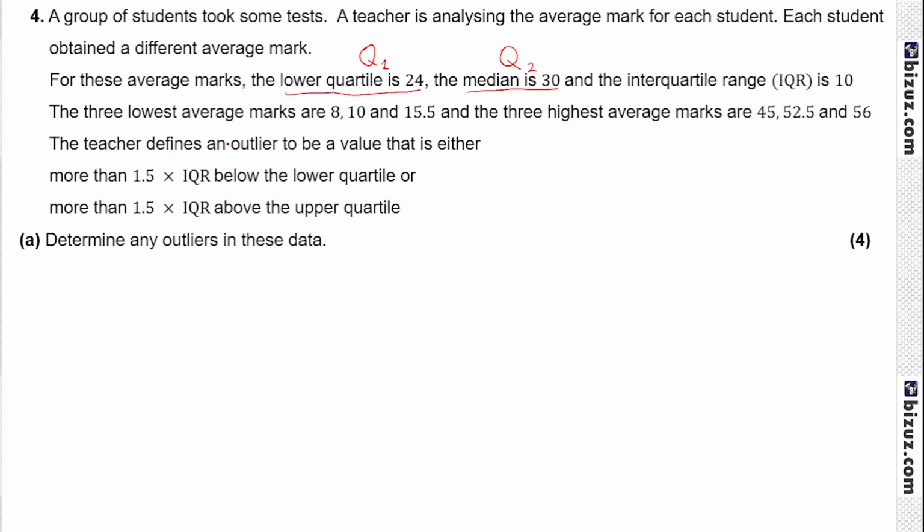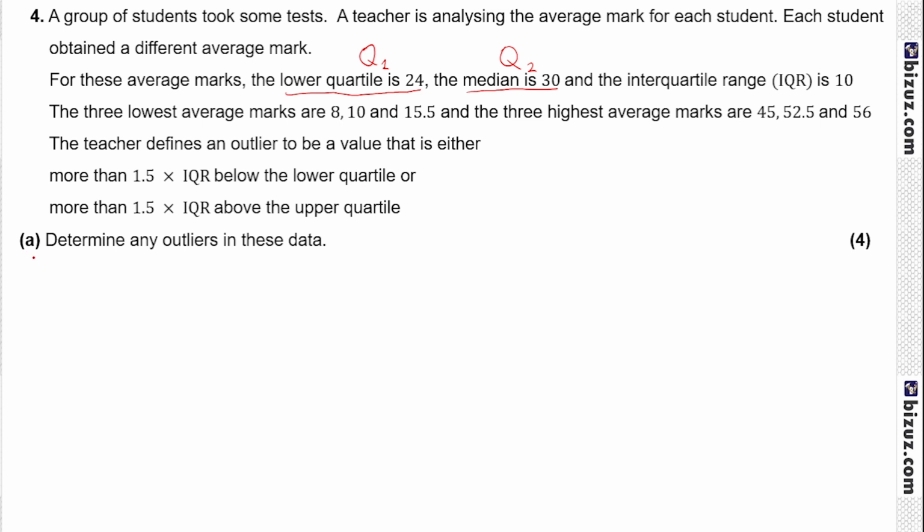The teacher defines an outlier to be a value that is either more than 1.5 times the IQR below the lower quartile. So 1.5 into IQR below Q1, or more than 1.5 times the IQR above the upper quartile. So these are the bounds for the lower and upper quartile. So if it goes beyond these bounds, it's going to be an outlier.